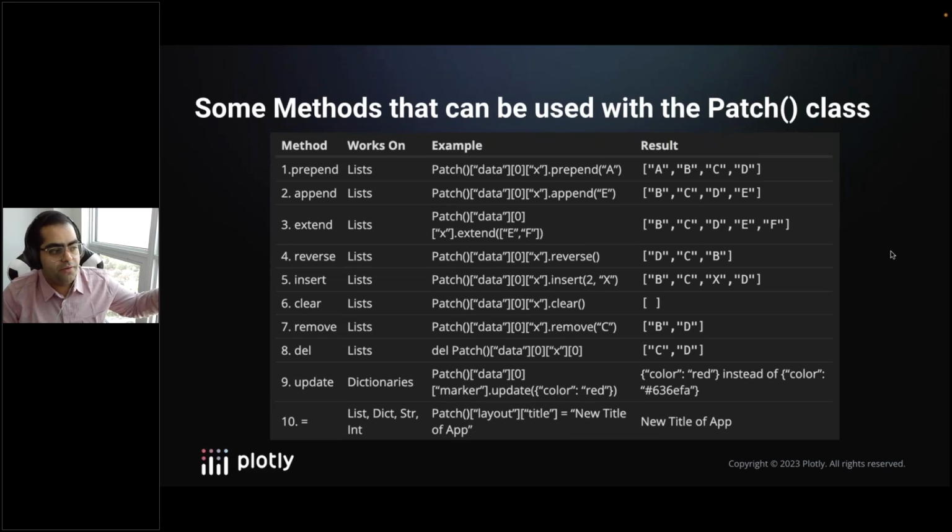So we have prepend, append, extend, reverse, and I'm going to add a link to our docs and a couple of blog posts that you're going to have access to after this webinar and even on this presentation. So you'll be able to see the different kinds of methods that we can apply using the patch function or the patch object.